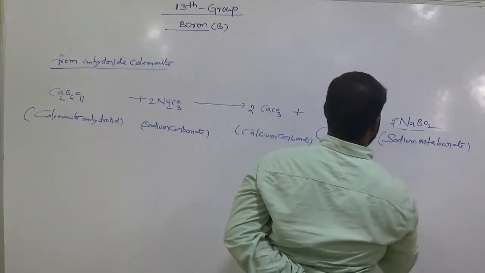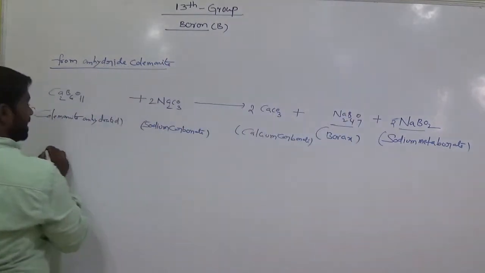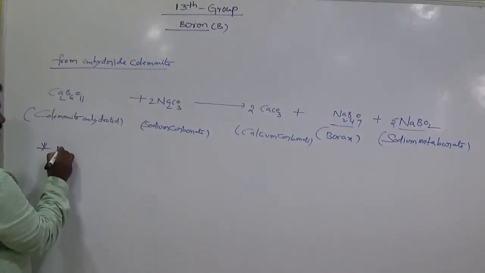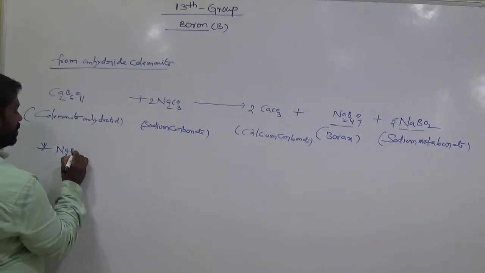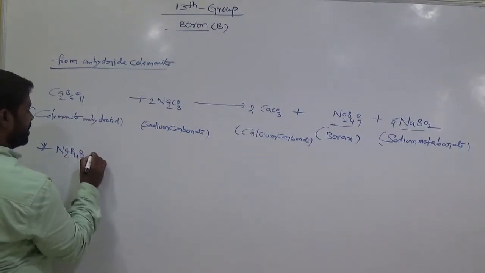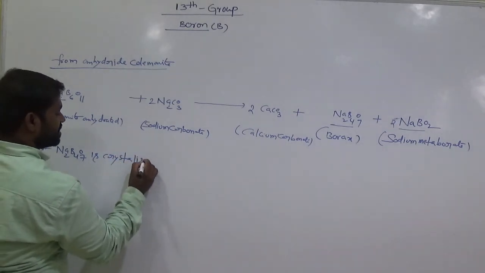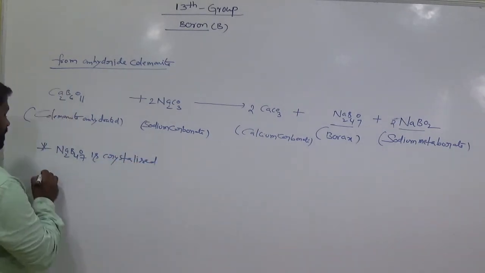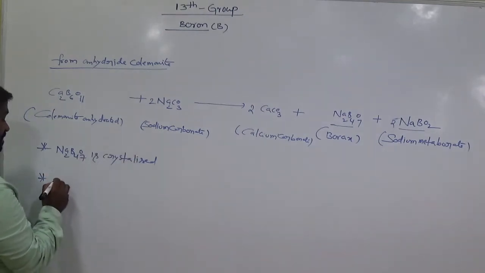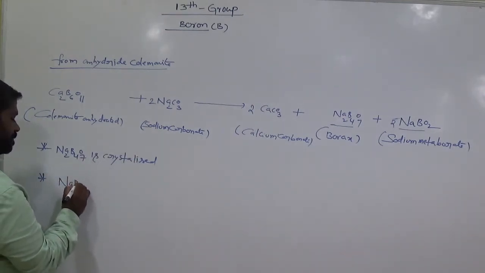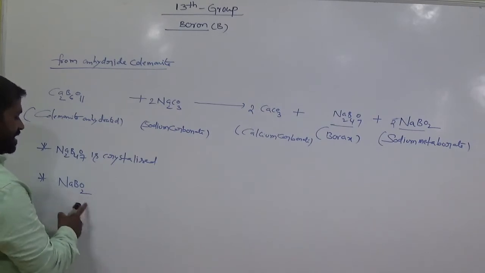Here borax is crystallized, that means purified. Na2B4O7 is crystallized, meaning purified. And the second one is NaBO2, sodium metaborate.